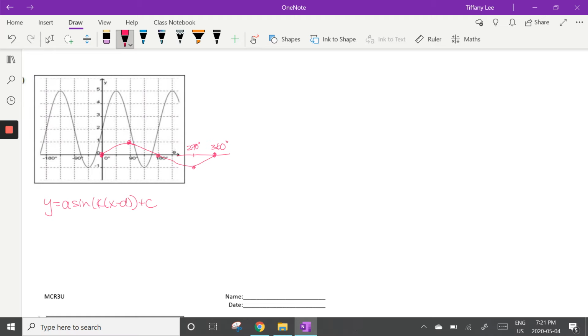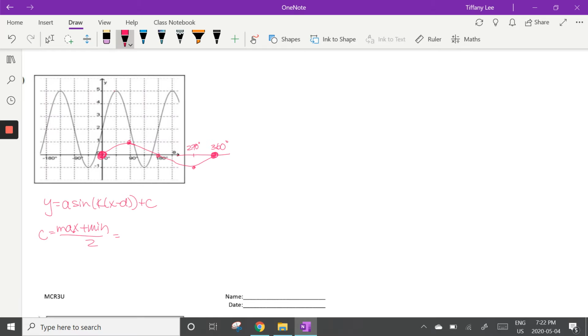When we take a look at the parent function, we can look at the starting point and the end point, and do the same thing with this transformed function. However, it's always easy to start off by looking for your equation of the axis first. So c equals max plus min divided by 2.